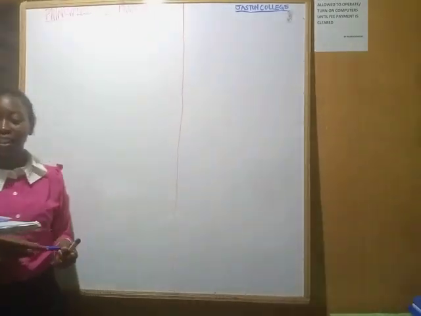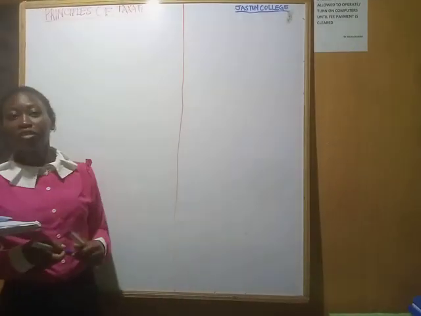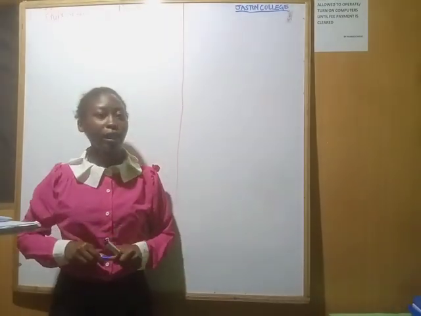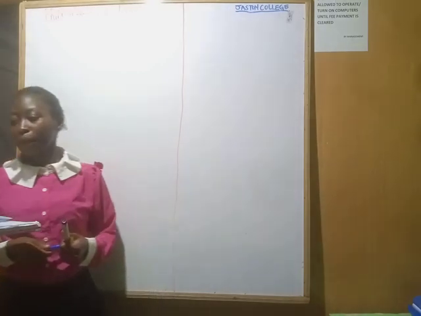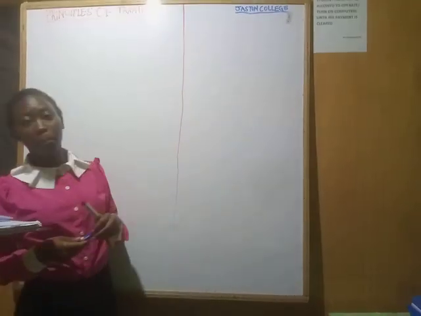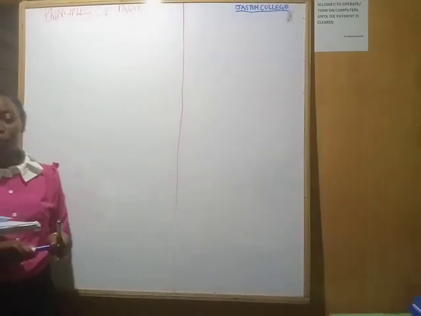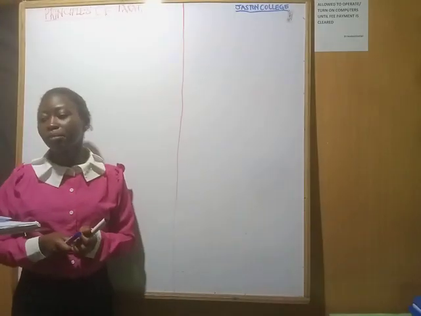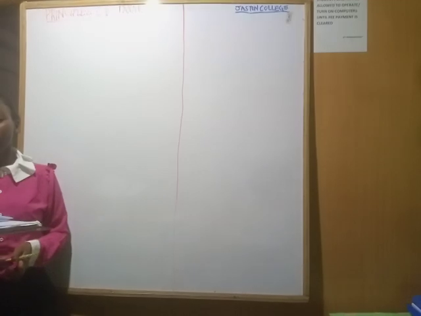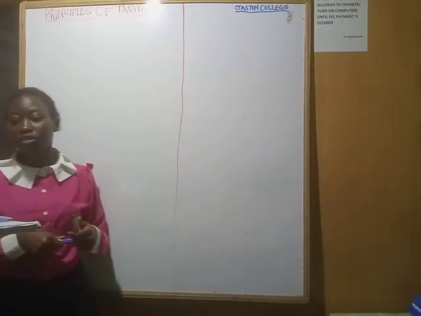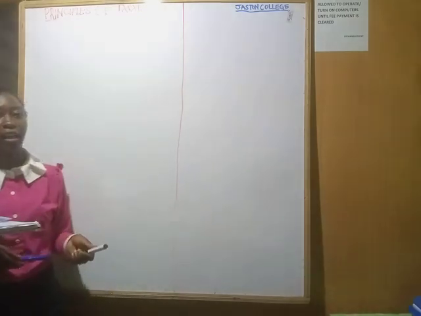Now we have some definitions to start with, which we are going to learn today, and we will write them on our boards for us to remember. So we have terms like returns, we have the assessments, we have tax administration in Kenya, we also have KRA.